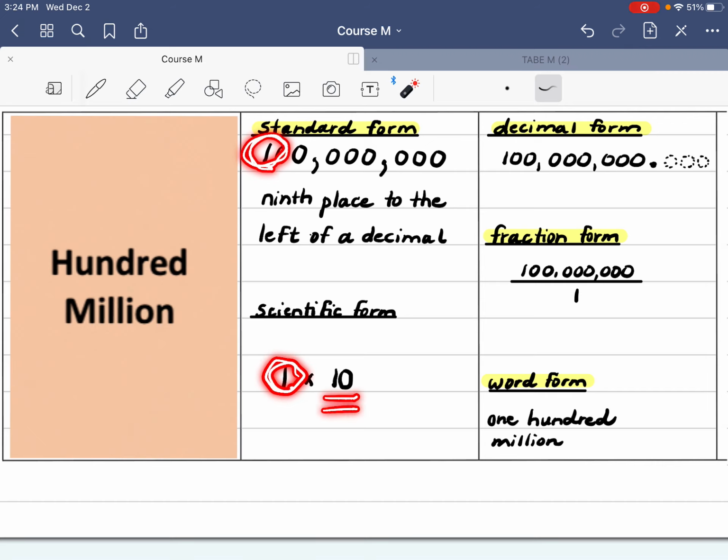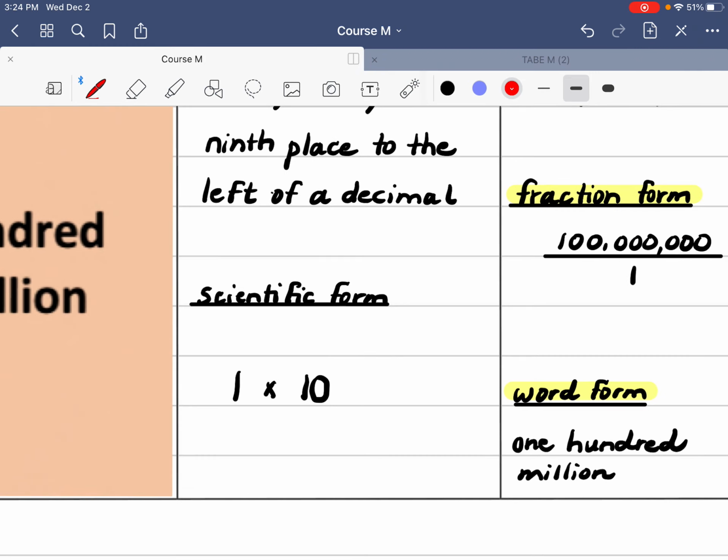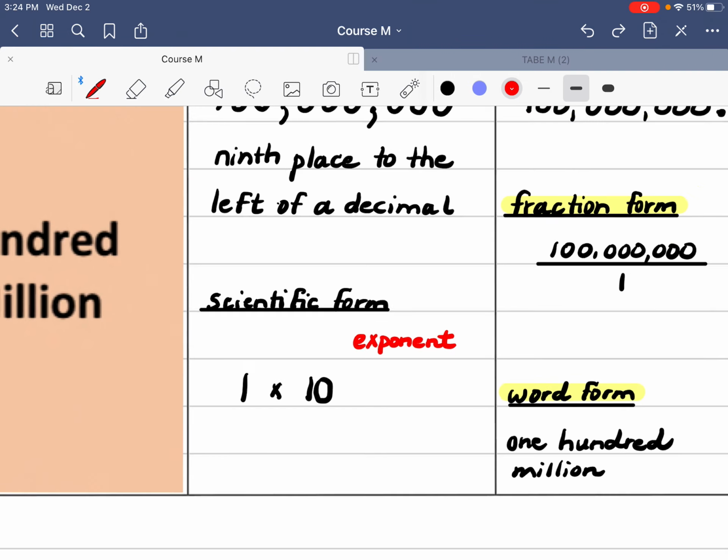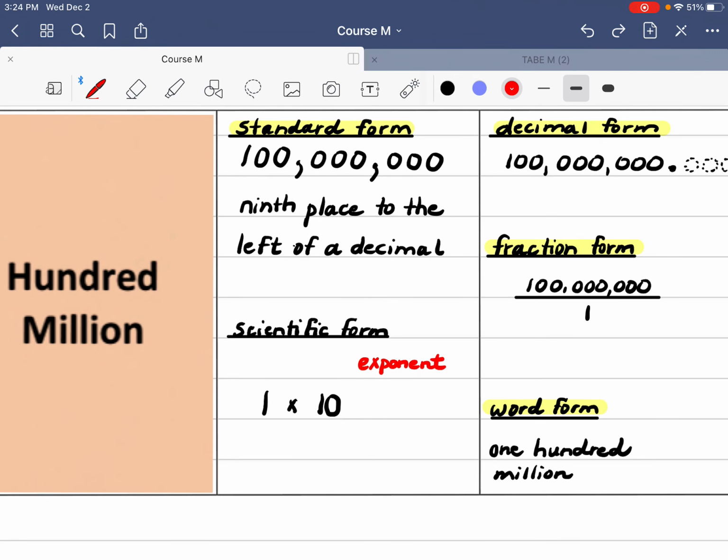It's always times 10. And then we're going to use a thing called an exponent. And you may or may not have seen these before. So let me first of all spell the word for you. An exponent is a little number that sits up here at the top. It's going to sit right in here. So we're going to say this is 1 times 10 to the 7th power. I'm sorry, 8th power. Goodness. 1 times 10 to the 8th power.